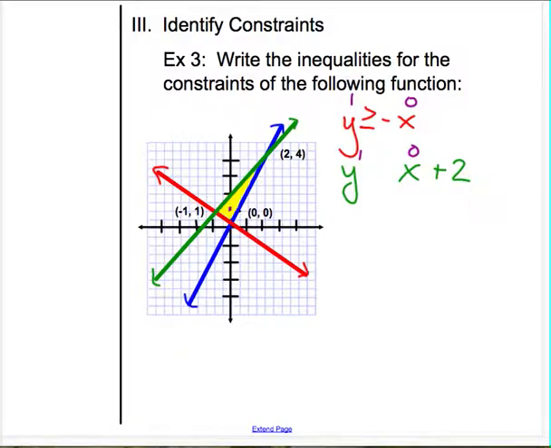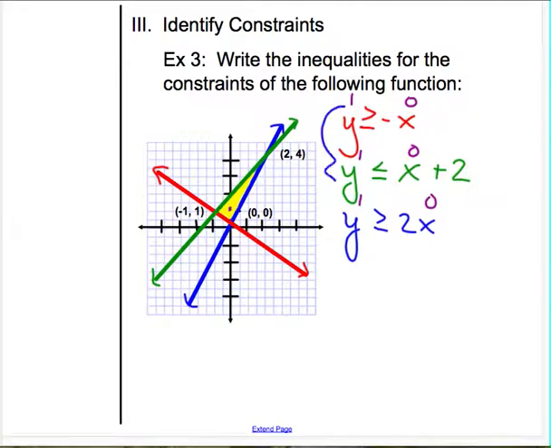So in this case, it is 0 plus 2 is greater than or equal to 1. And finally, my blue line, which also goes through 0, 0 and 2, 4. So this one has a slope of 2 and a y-intercept of 0. Again, using that same ordered pair, we need 0, 1 to make it true. So in this case, again, it'll be greater than or equal to.